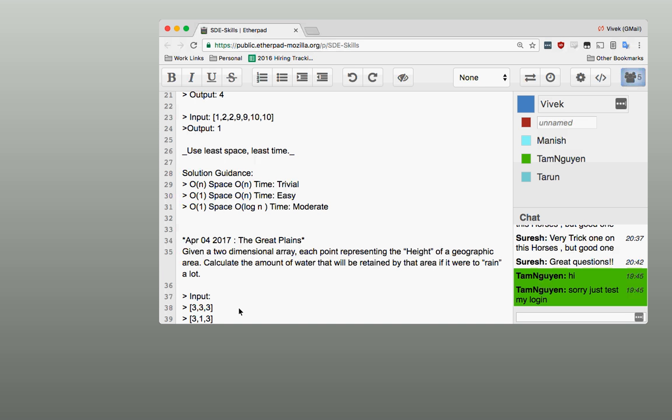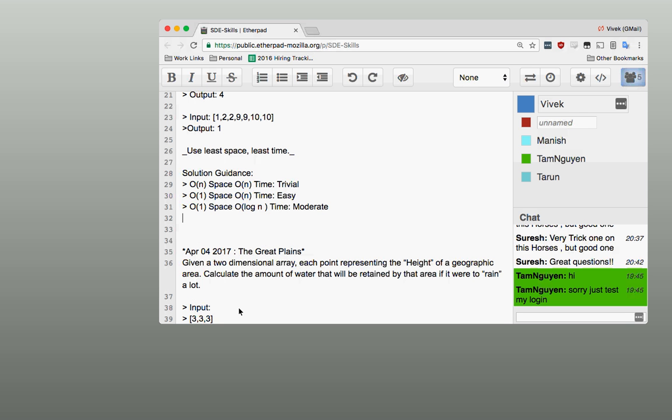That will work fantastically. What about the O of 1 space and O of n time solution? Just go sequentially since it's a sorted list and find which is the single element. Okay. One thing is, what if it is not a sorted list?